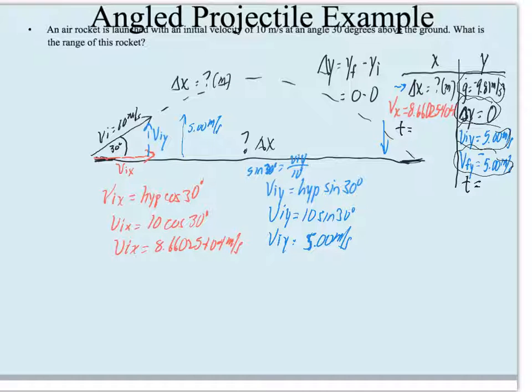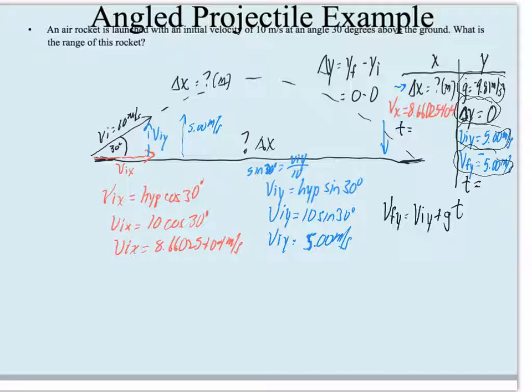And we really have a choice of any formulas from kinematics to solve for this. It probably would be easier to use the one that's least complicated, and that I think would be this one, which doesn't have delta y in it, but we don't need delta y for this formula. Vfy equals Viy plus gt.